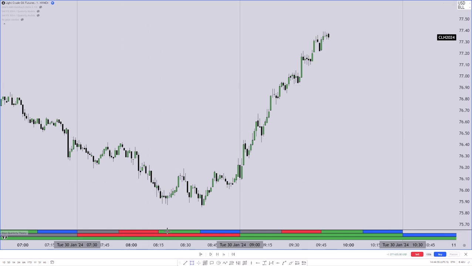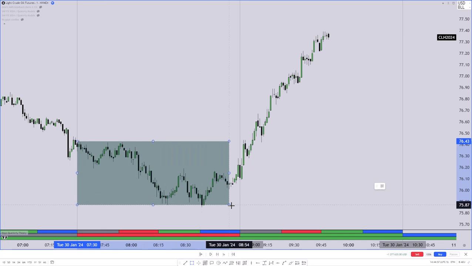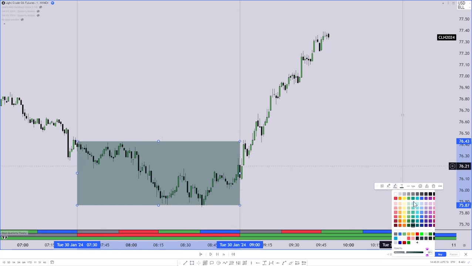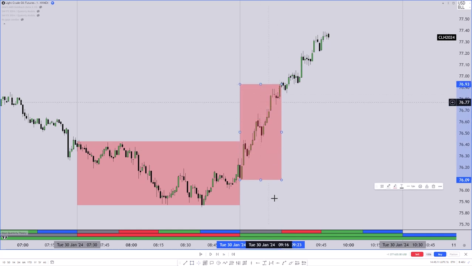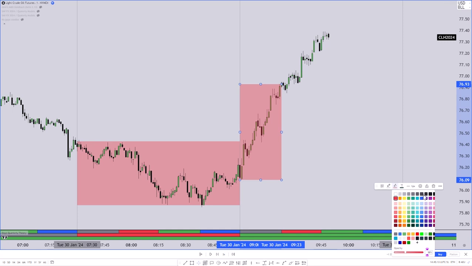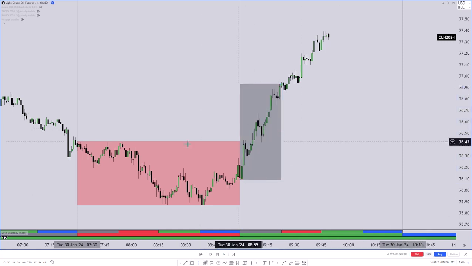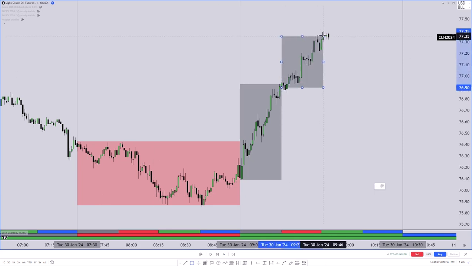Price is above the Q3 range, so we can set it up like this. Q1 has distributed higher, sweeping the Q2 high. Then our microcycle Q2, that's distributed higher too, right?